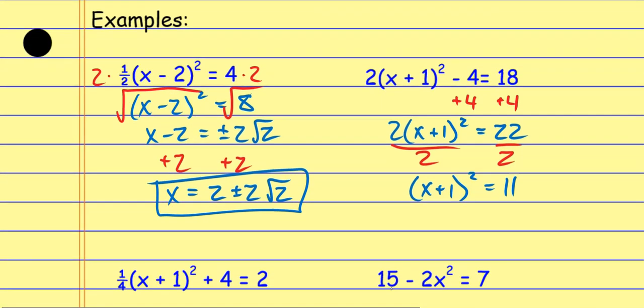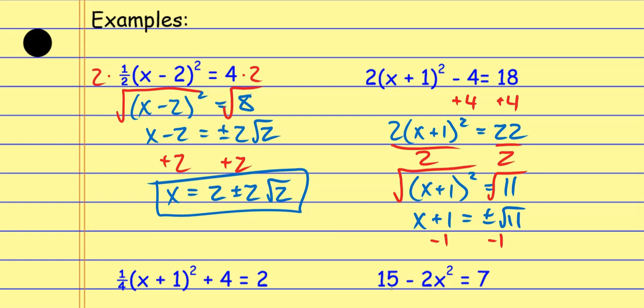Now I undo exponents by taking the square root of each side. Oh, I guess I don't need those parentheses now. And now lastly, I'm going to undo what was in the parentheses by subtracting 1 from each side. And again, I'm going to leave this in radical form, -1 plus or minus the square root of 11.